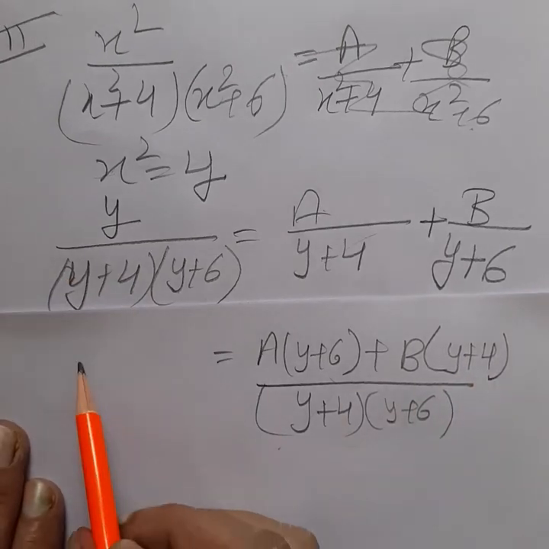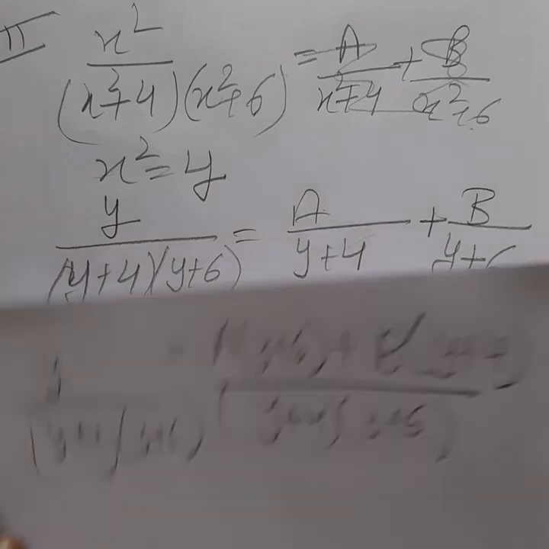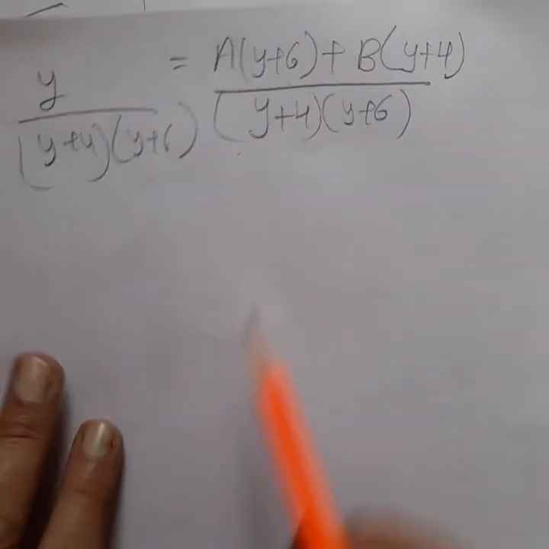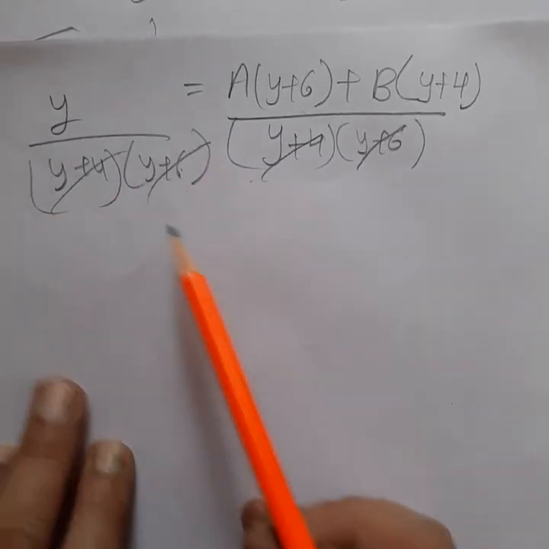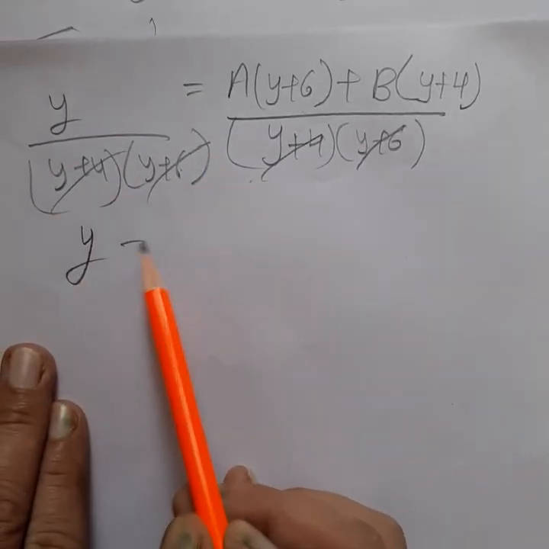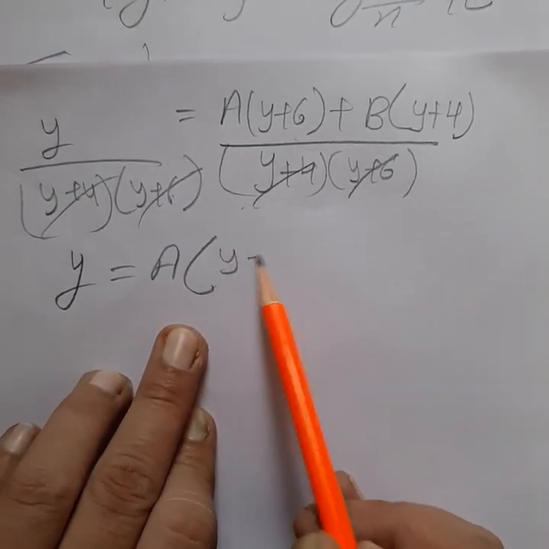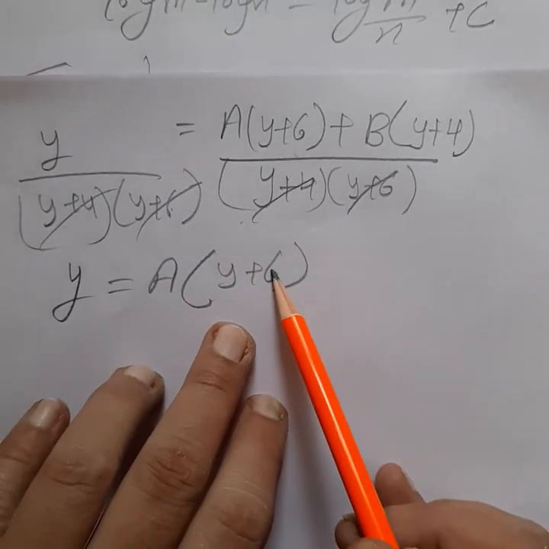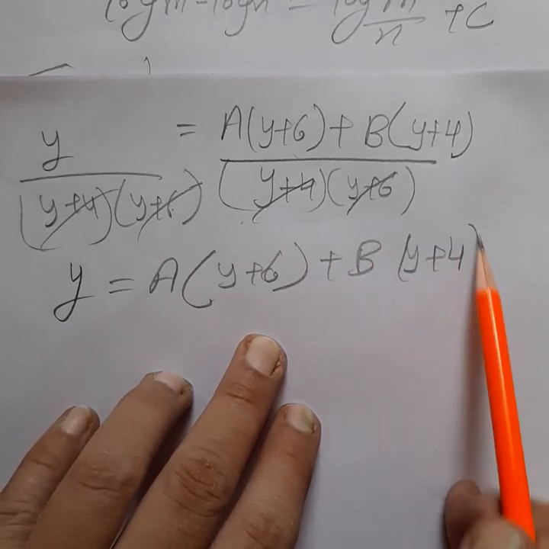Students, we write here y plus 4 and y plus 6. Now by cancelling the denominator in this way, you get your equation, that is a times y plus 6 and b times y plus 4.